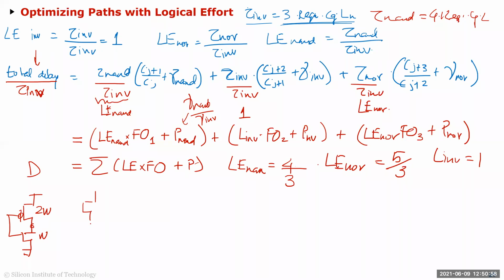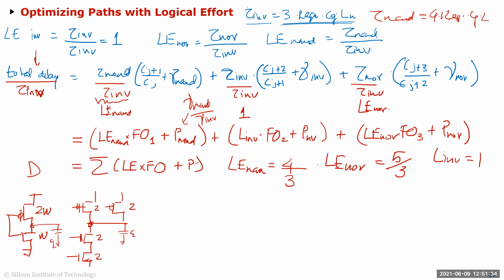So this is the NAND gate, right? For the NAND gate, we know that in order to keep the same delay, this is going to be 2, 2, 2, 2, right? So one way to find out is you set the transistor sizes so that the delay of this gate is the same for whatever load CL you have, you're going to drive the same load CL here.